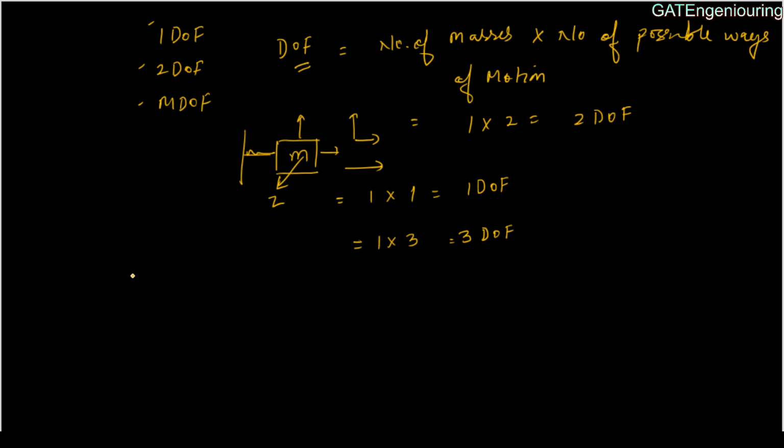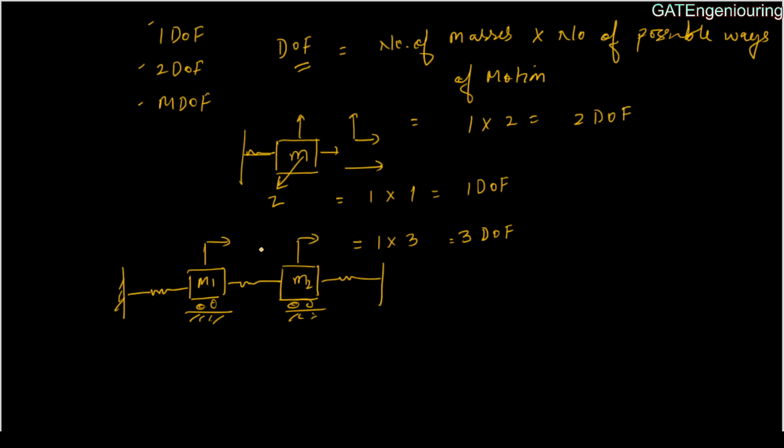Now let's take another example where the masses are more than 1. So there is a spring mass system, which is the standard system of vibrating systems. Let's say there are masses like this, m1, m2, which are connected to the springs. These masses are moving in the x direction with displacements x1 and x2.